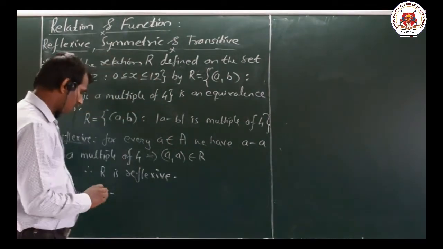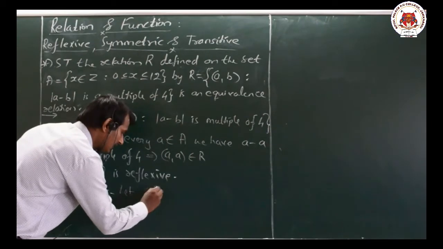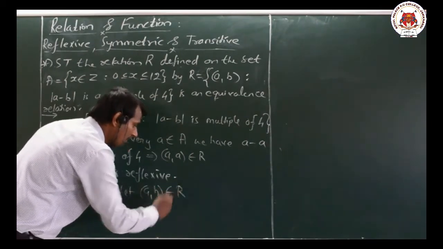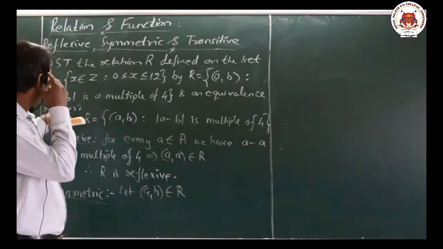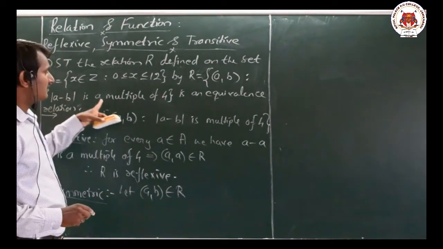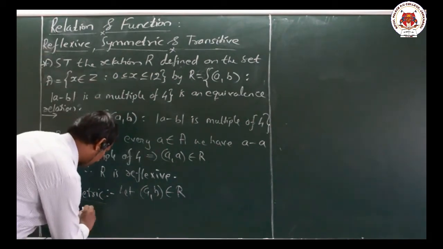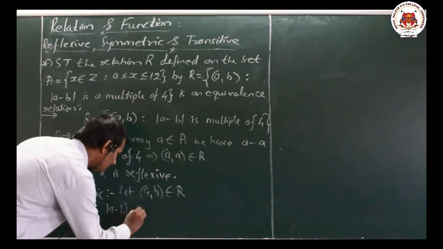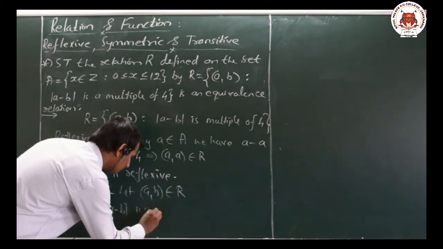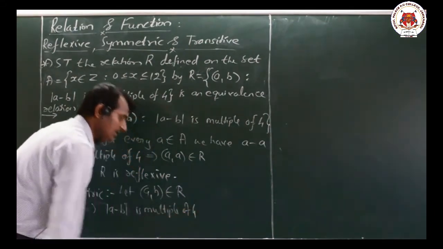Now we shall observe here, let a comma b belong to R. Now what do you mean by a comma b belongs to R here? A comma b belongs to R means a minus b is a multiple of 4. That implies mod of a minus b is a multiple of 4.